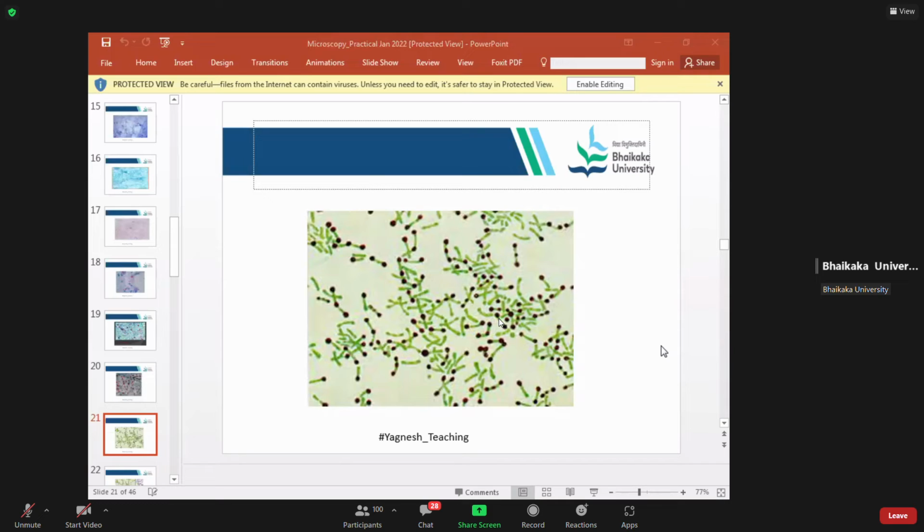So this is typical of Corynebacterium diphtheriae. The organism is responsible for the disease diphtheria. Later on we'll discuss regarding this, but you see the metachromatic granules are seen at the end of the bacilli.